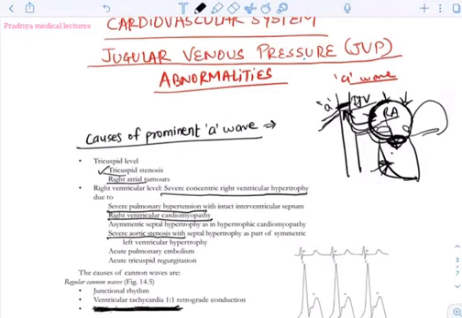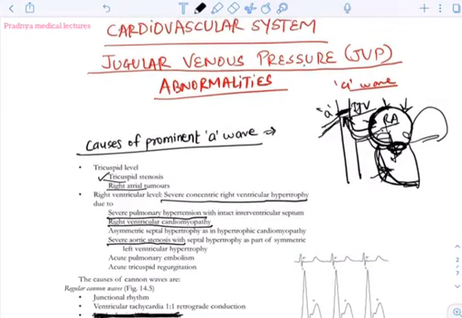In all these conditions the ventricle becomes non-compliant and the right atrium has to apply more pressure. These waveforms are then transmitted to the internal jugular vein, which we see as a prominent A wave. So those are the causes of a prominent A wave.